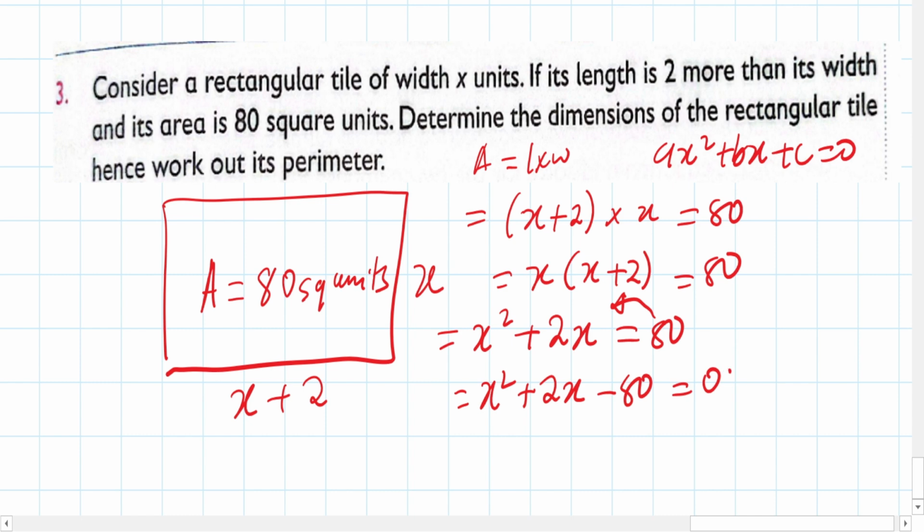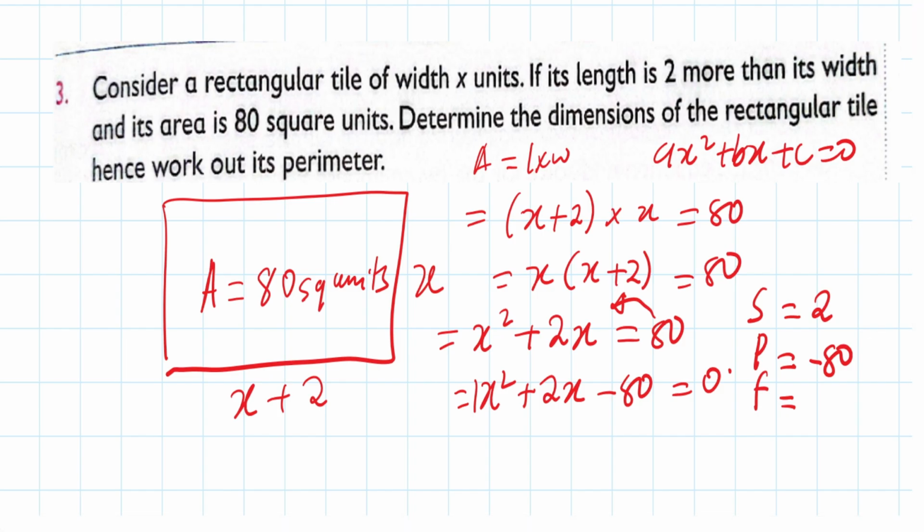Now, obviously you use the sum and product rule. The sum is positive 2, your product is negative 80. Which two numbers, if you add, give you 2, and if you multiply, give you negative 80?